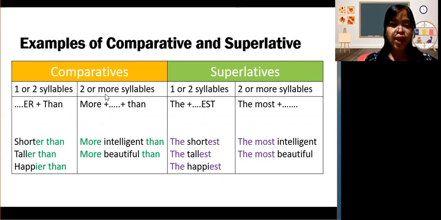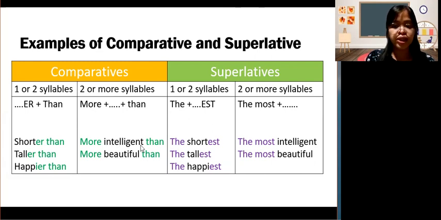Okay, what if we have two or more syllables like the word intelligent? Okay, we cannot say intelligenter. That's awkward. So if we have two or more syllables, we add more plus the adjective and then the word than.